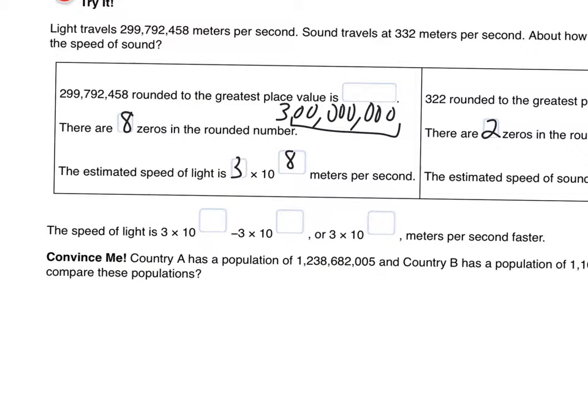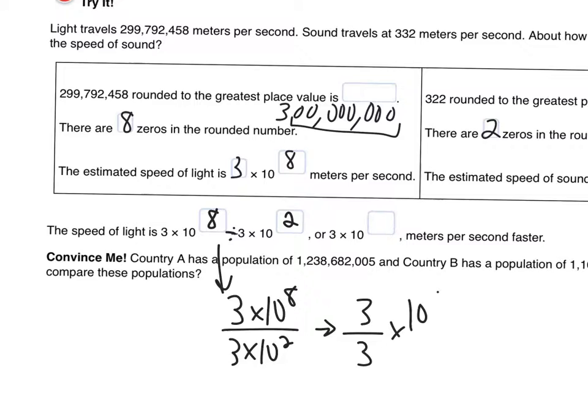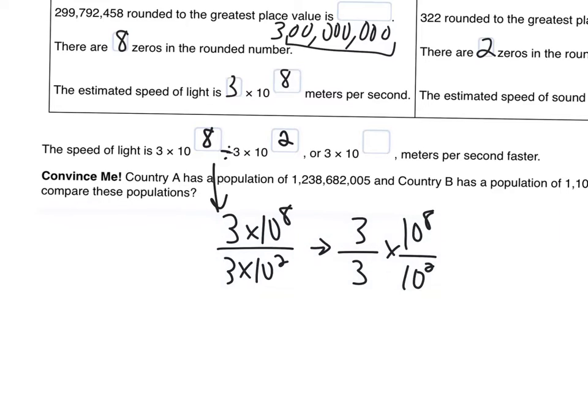So the speed of light is 3 times 10 to the 8th divided by 3 times 10 to the 2nd. If we think of splitting this up, or you can just think of the 3's canceling each other, 3 divided by 3 is 1. 10 to the 8th divided by 10 to the 2nd would be 10 to the 6th. So it would be 1 times 10 to the 6th, or just 10 to the 6th.